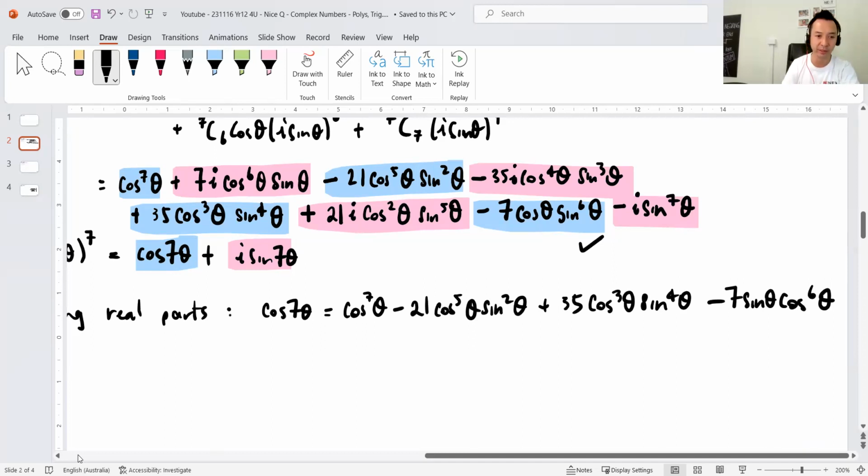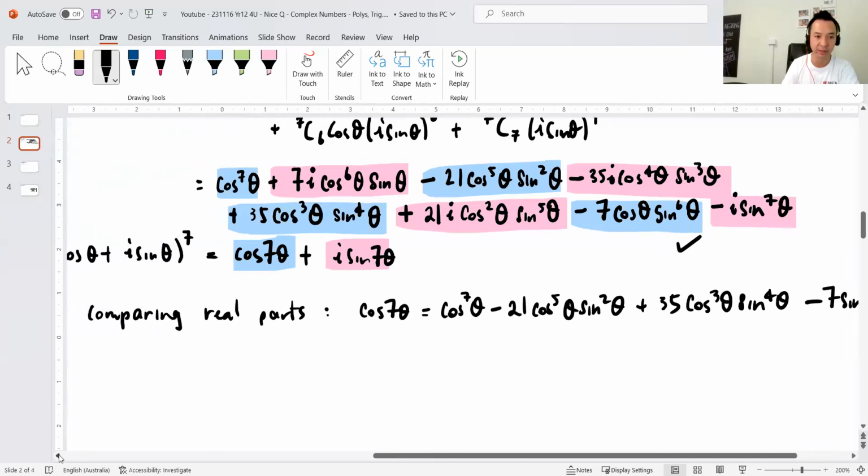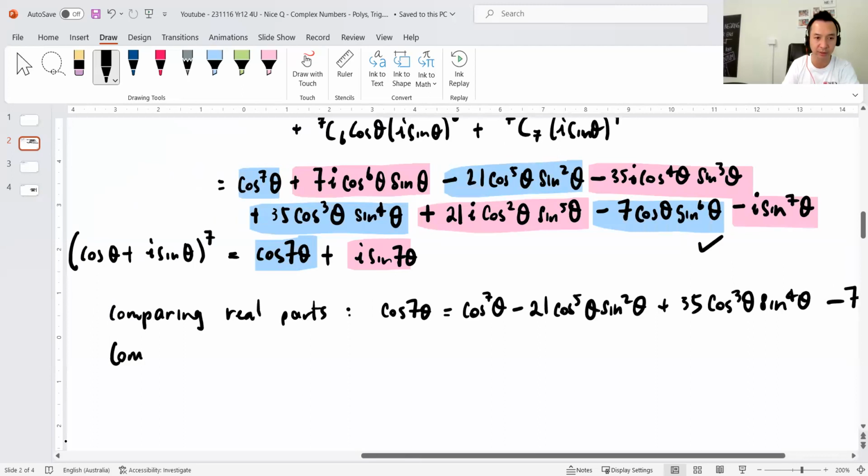And then same thing, comparing imaginary parts, I got sine 7 theta.